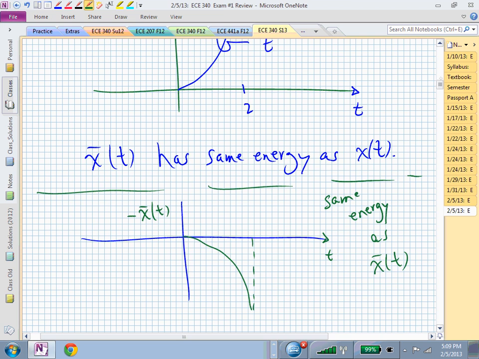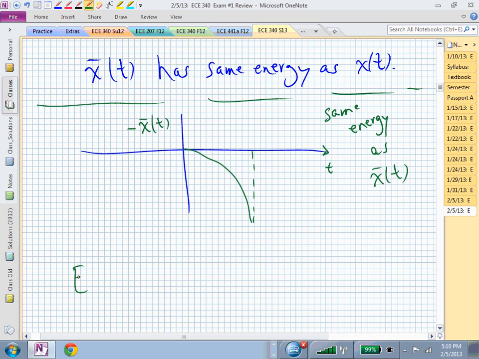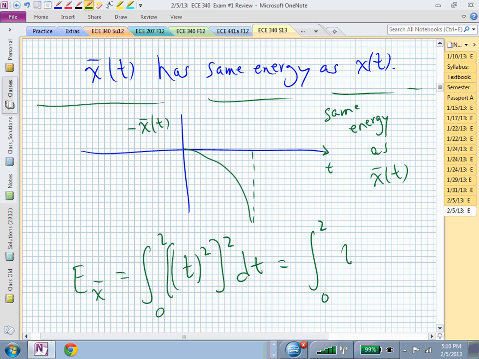And now if we wanted to find the energy in x bar, the integral is over all time, but it's only non-zero from 0 to 2 in this particular case. We would take whatever x bar of t was, simply as a function of time, t squared. But we need to square that to get the energy, and we integrate that with respect to time. Now we have this integral from 0 to 2 of t to the 4th dt.